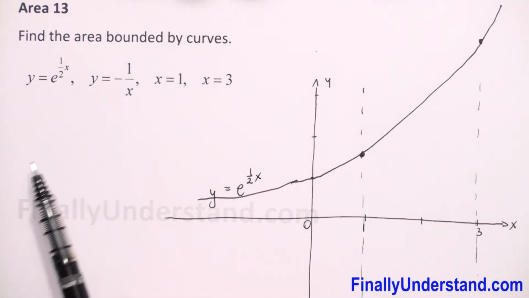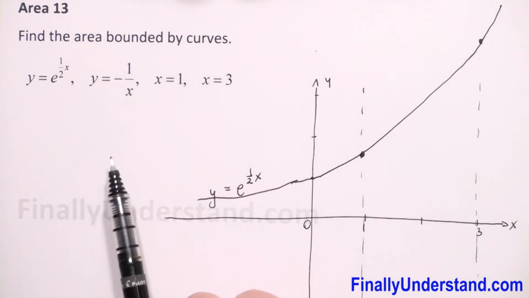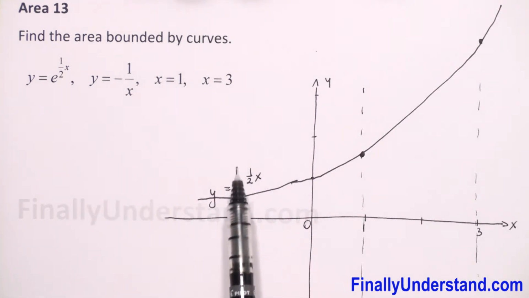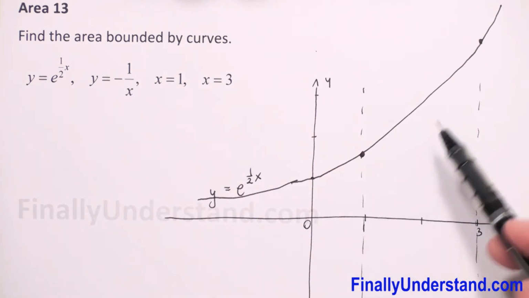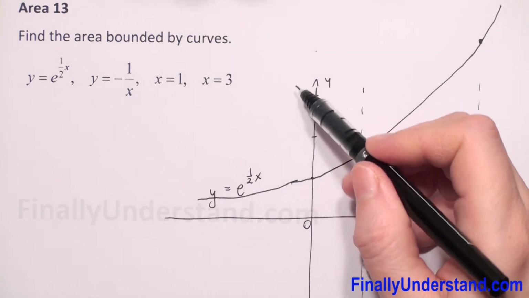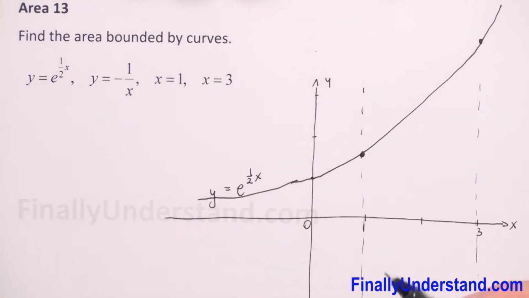Next, we have the function y equals -1 over x. This is a hyperbola. Because it has a negative sign, it is in the second and in the fourth quadrant. But because we have x equals 1 and x equals 3 in the first and in the fourth quadrant, we don't need to draw the graph of the hyperbola in the second quadrant, only in the fourth.